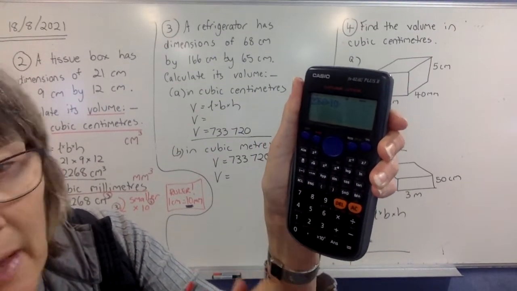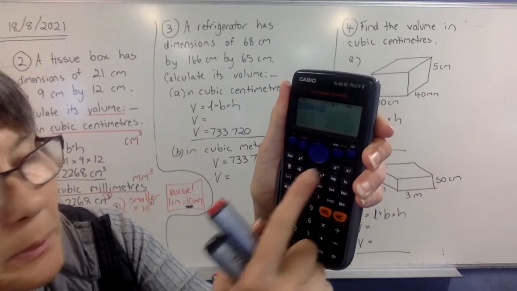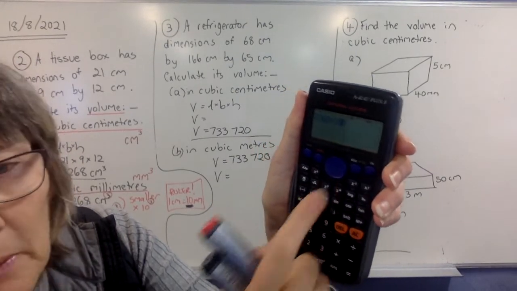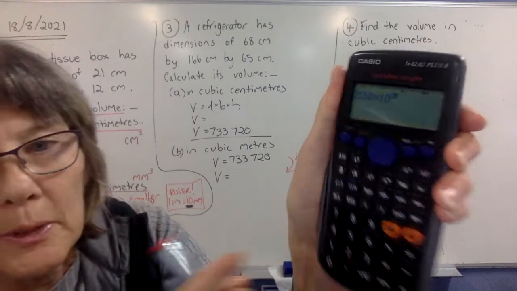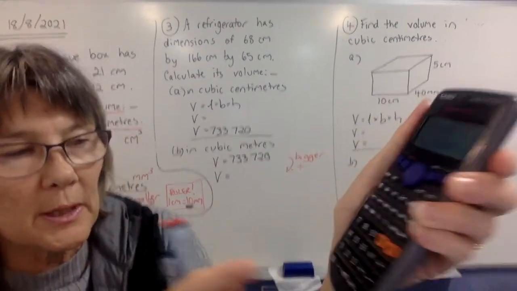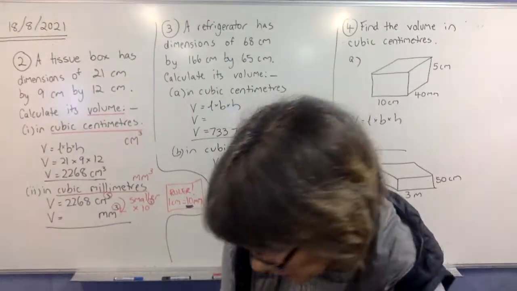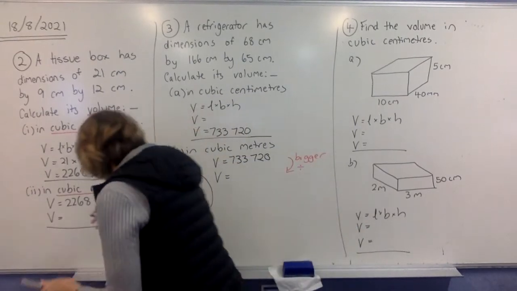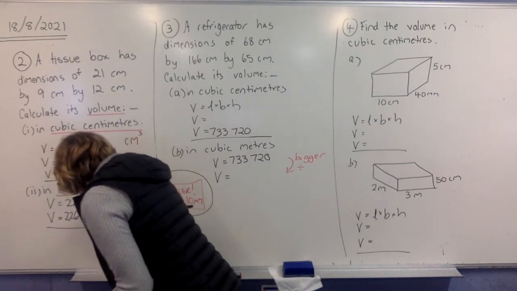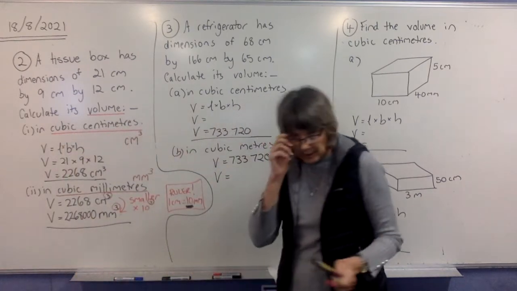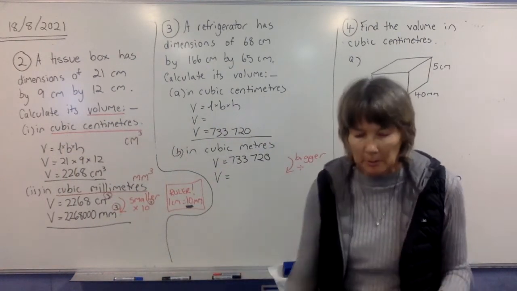It's the one with the X and the little box. So we're going to press that one there. It comes up like that, and then you put 3 for the little cubed, and then press equals. And then it'll give you this answer. And that's your final answer with millimetres cubed on the end.